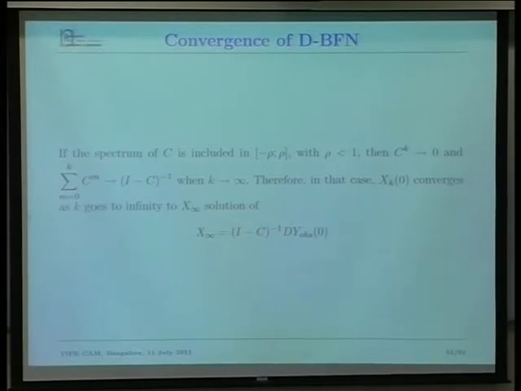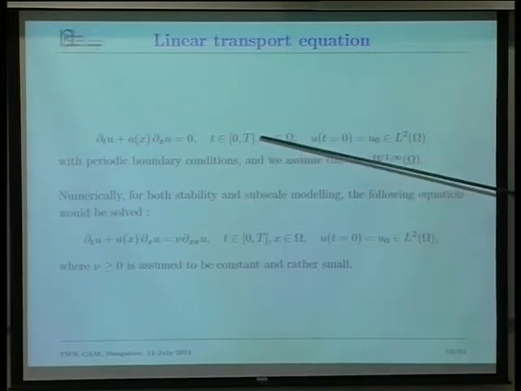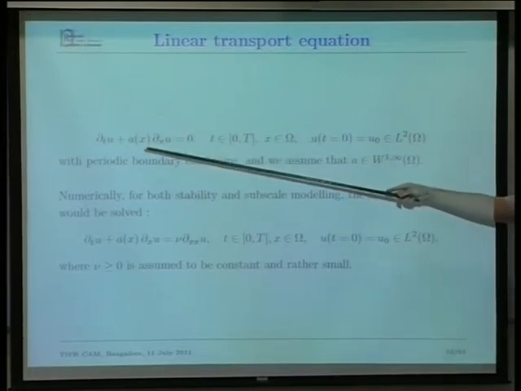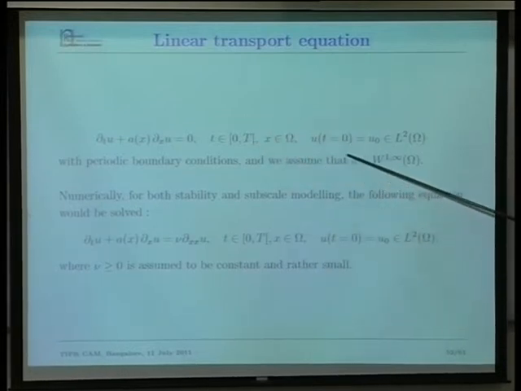But what is C, what is D? So let's take a simple example. Take the linear transport equation. So we assume that there is no diffusion. We assume that we have good properties on the velocity.